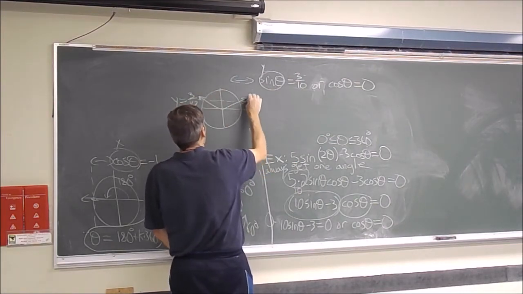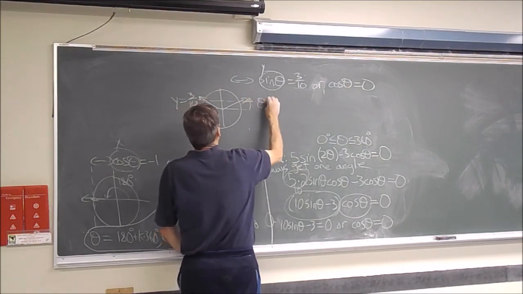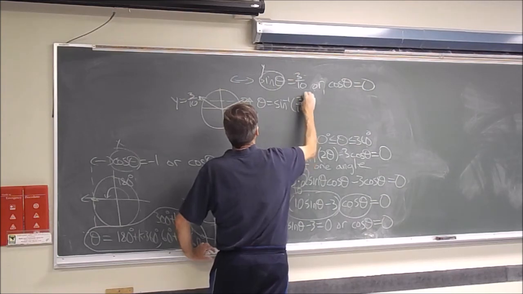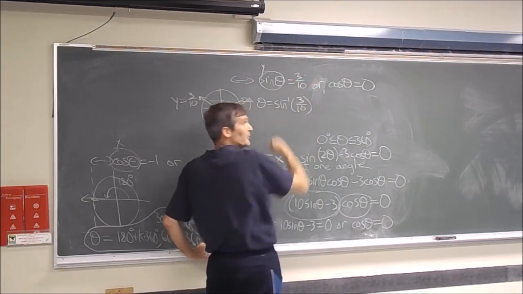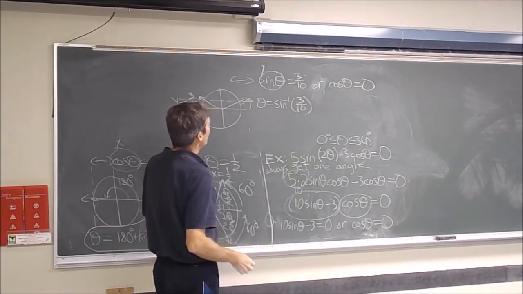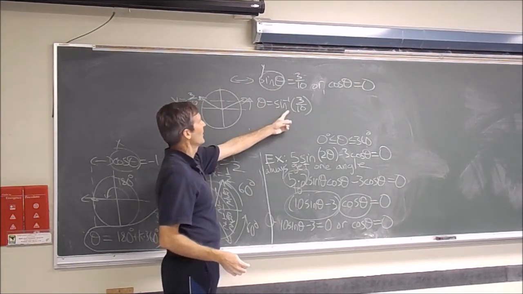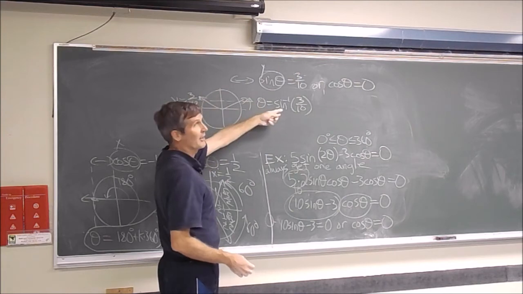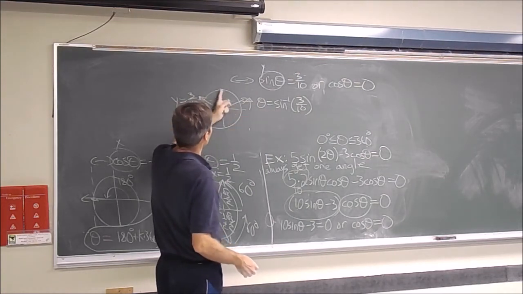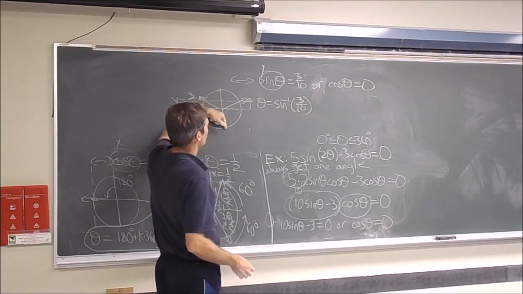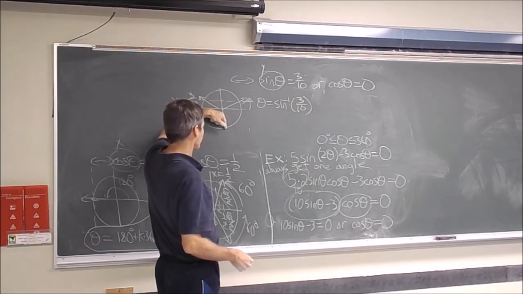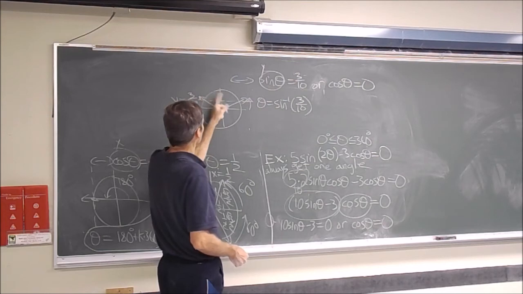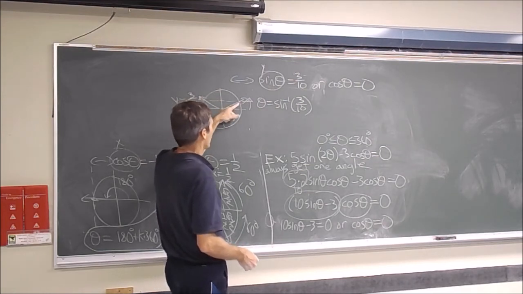Instead, I know that this one is the arc sine. One solution of sine theta equals 3/10, or any number between plus and minus 1, is theta equals the inverse sine. Which angle is it? Is it this one or this one? Well, the inverse sine always gives you an angle between plus and minus 90 degrees, plus or minus pi over 2. So it has to be this one. This one isn't between plus or minus pi over 2. This is the one that's the arc sine.